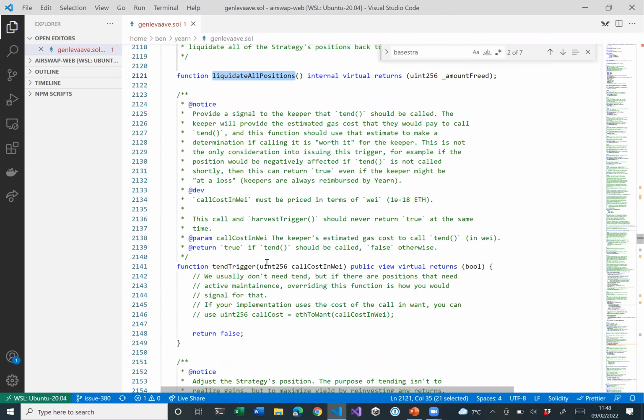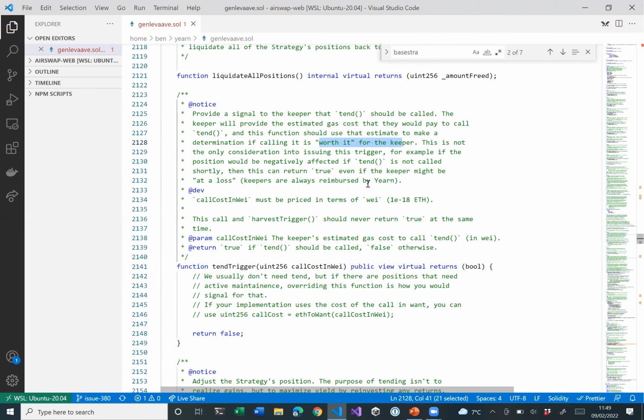Tend trigger. Provide a signal to the keeper that tend should be called. The keeper will provide the estimated gas cost that they would pay to call tend, and this function should use that estimate to make a determination if calling it is worth it for the keeper. This is not the only consideration in issuing this trigger.